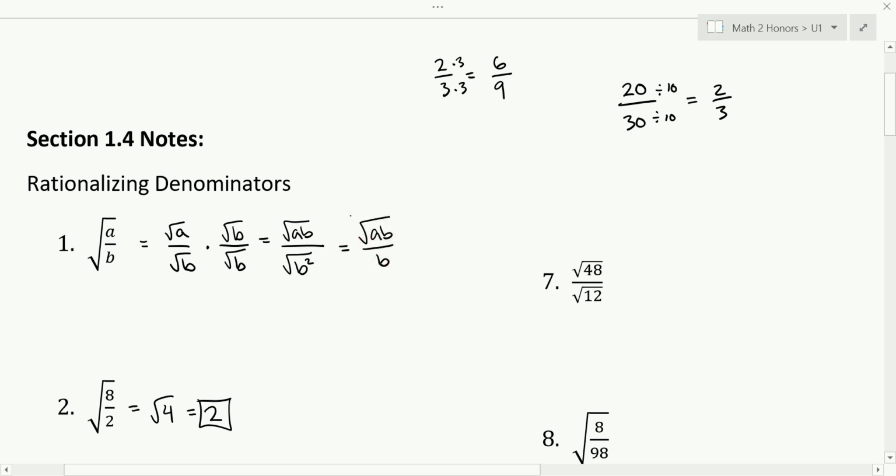And I have my answer. Rationalize the denominator. So there's no square root in the denominator now. There's nothing else we can do. You cannot cancel those b's out, because one's underneath the square root, one's not.